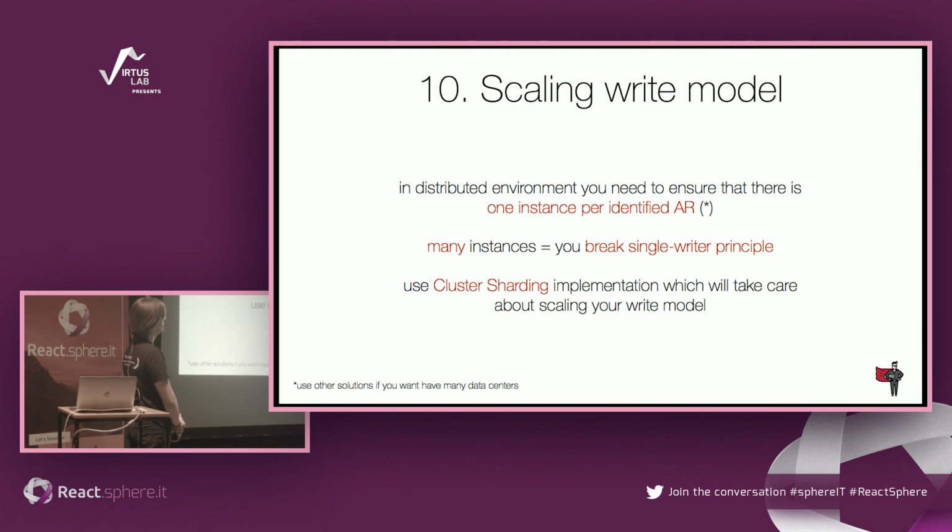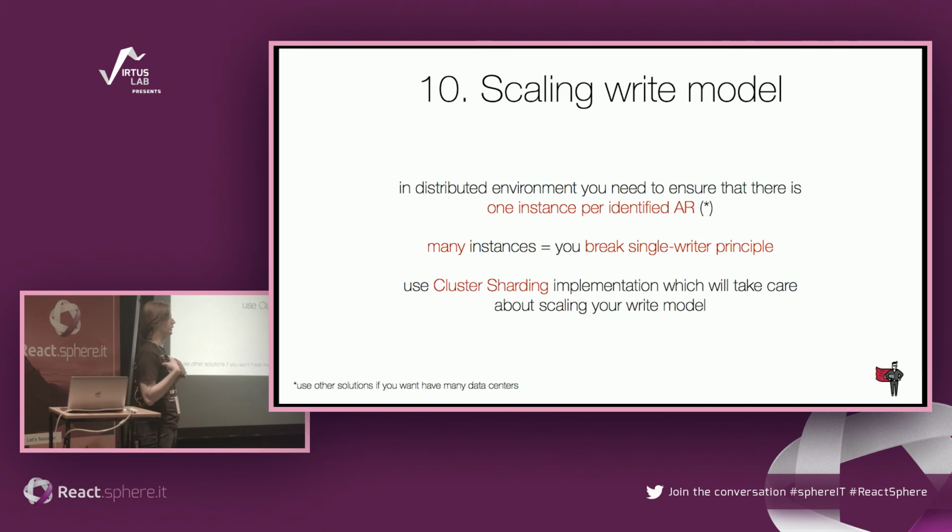Scaling the write model. If you are facing a huge load on your system, you want to scale your write model. The most important part is that in this approach, if we have a couple of machines, servers, we need to ensure that we have one instance per identified aggregate root.